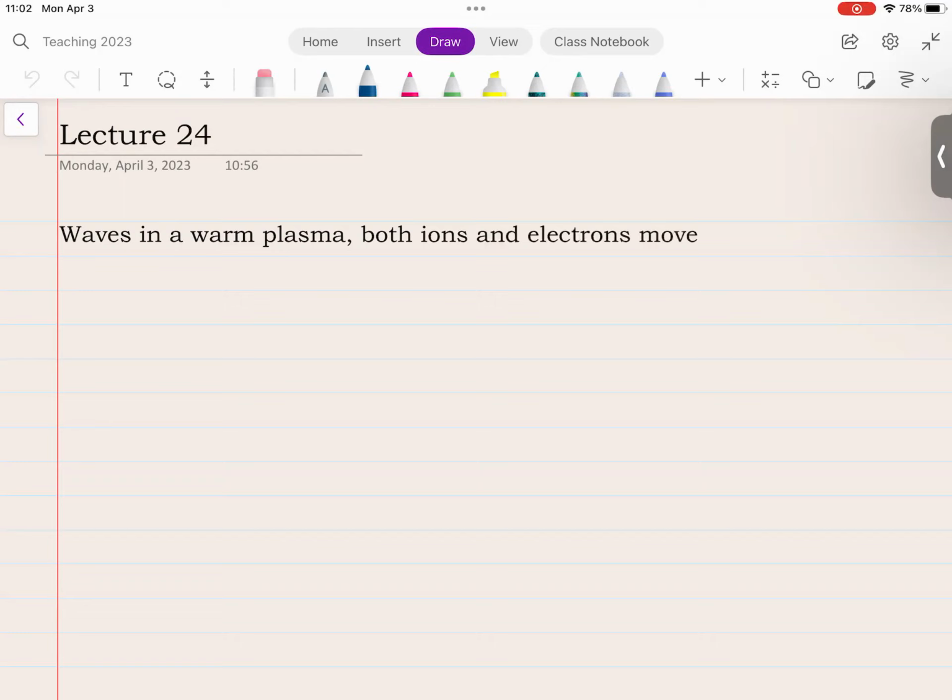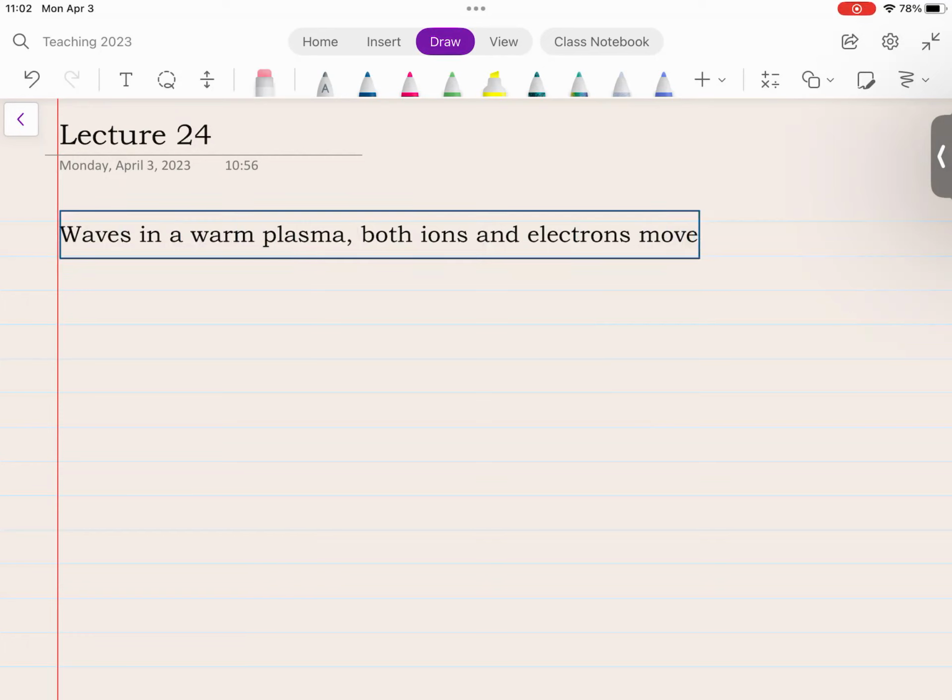Then we did not actually derive the dispersion relation. I just wrote it, and that really looks like a good homework problem. But I will at least give you the result, and then we'll do a little bit more work on it today.